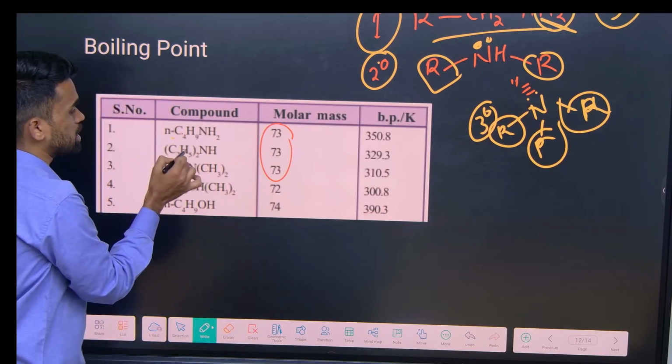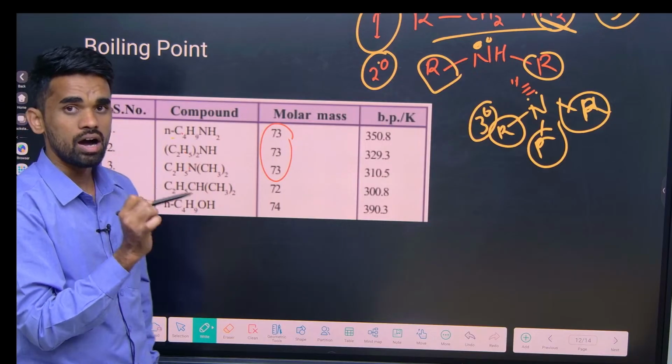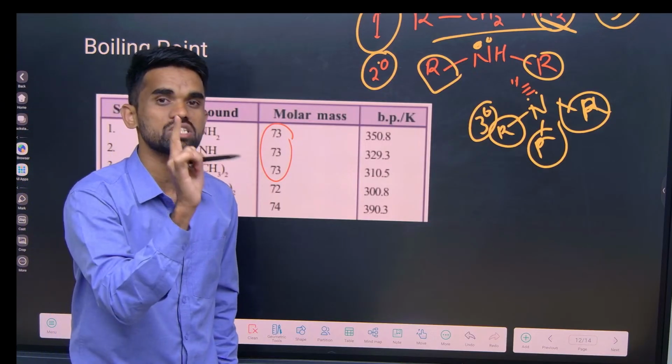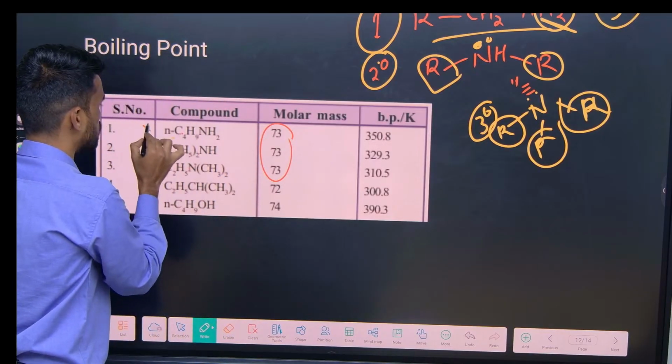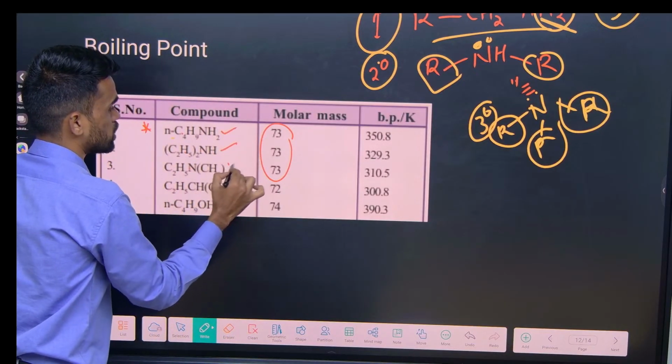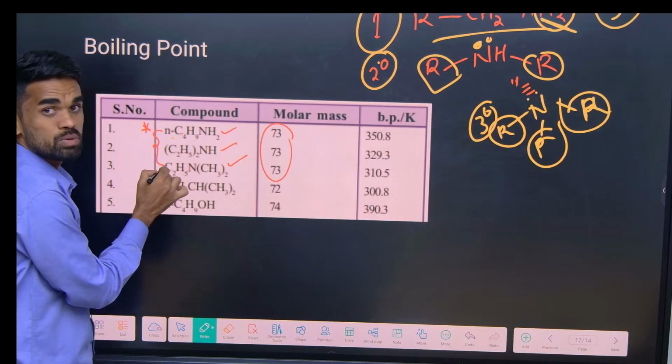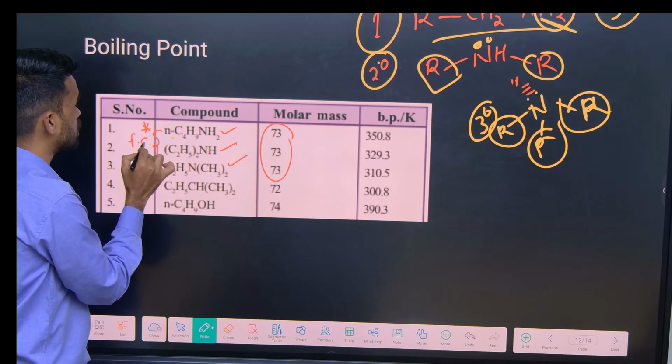Primary, secondary and tertiary amine isomers are functional group isomers. This is an important point, remember this.